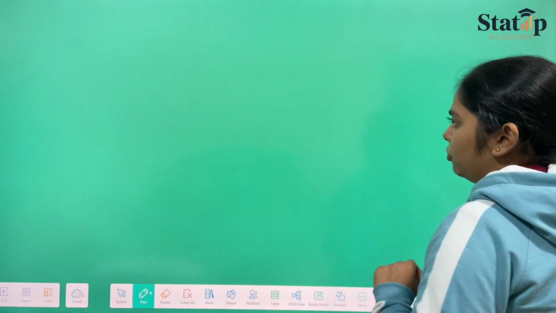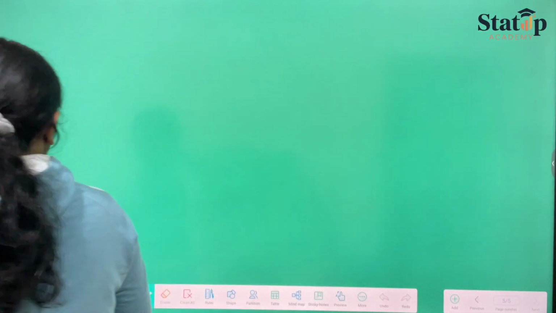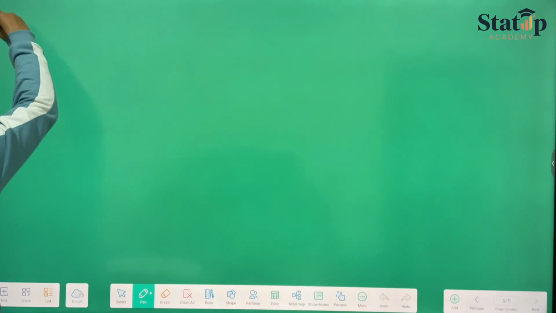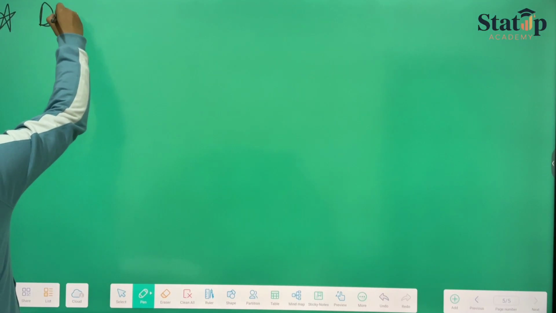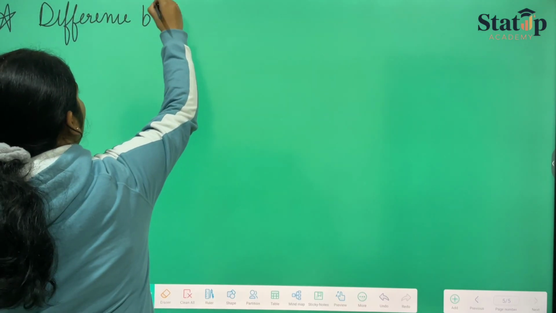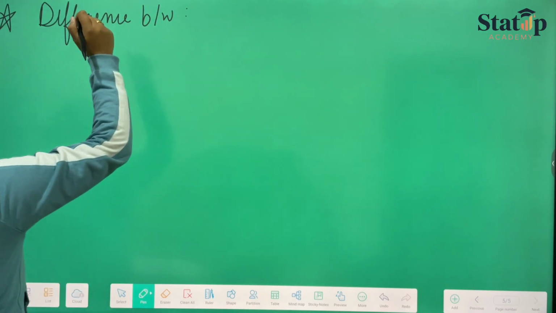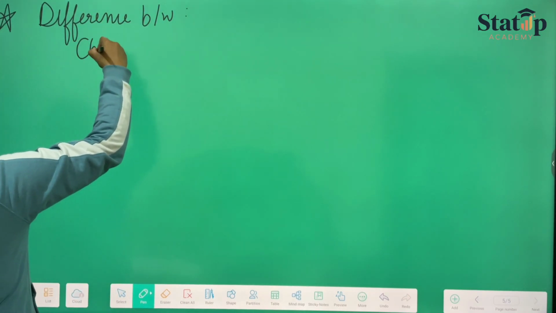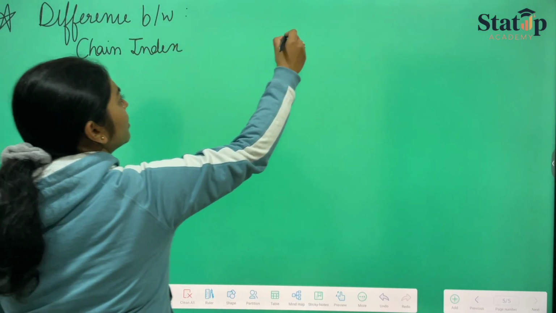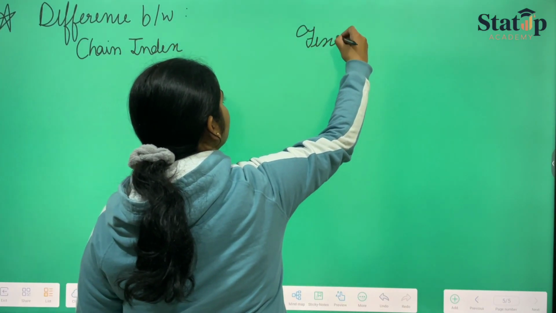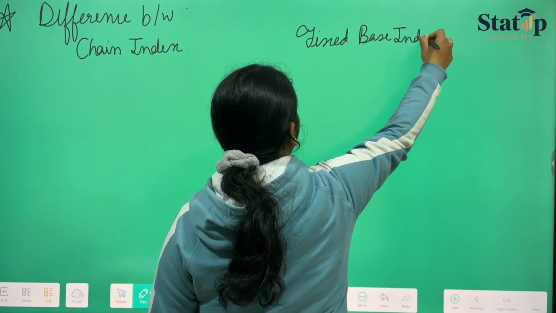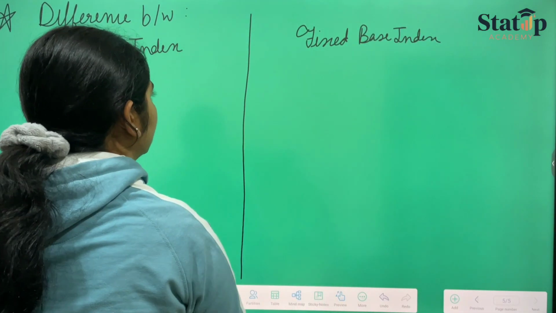Now one more thing we have to consider. Let us take the difference between chain base index and fixed base index. We have to consider this table.